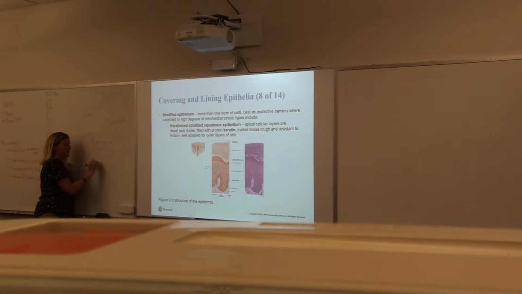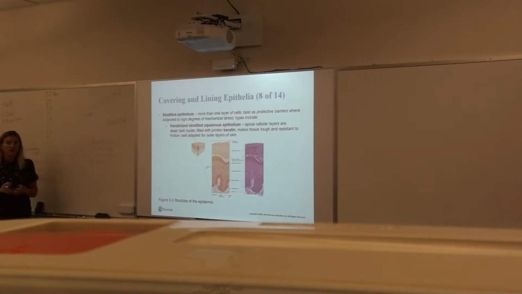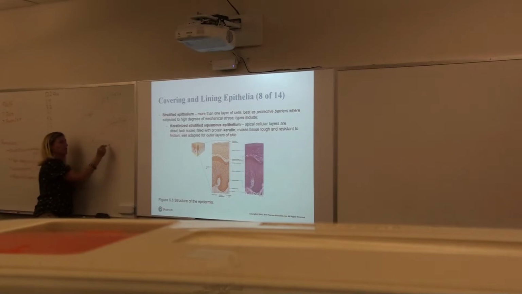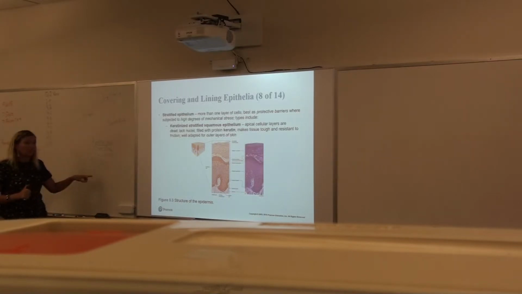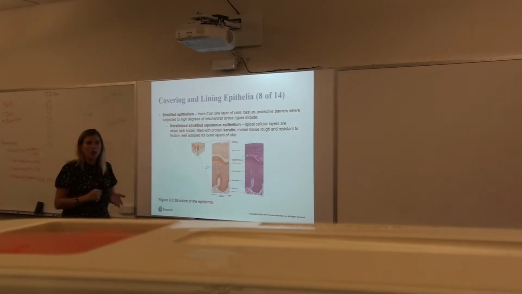This is our skin. That's what it is. It's our skin. We use the term keratinized to describe the protein that is filling these cells. It's called keratin. So the stratified squamous cells that make up our skin is filled with a protein called keratin. Keratin is what kind of causes our skin to dry out.